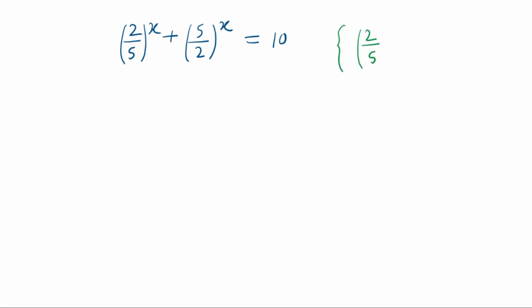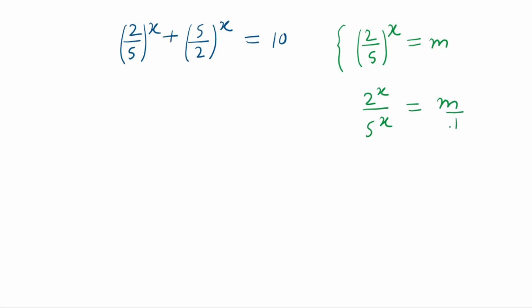Here 2 over 5 bracket power x plus 5 over 2 bracket power x is equal to 10. Here we will apply substitution. If we substitute 2 over 5 bracket power x equal to m, then this expression is the same as 2 power x over 5 power x equal to m.